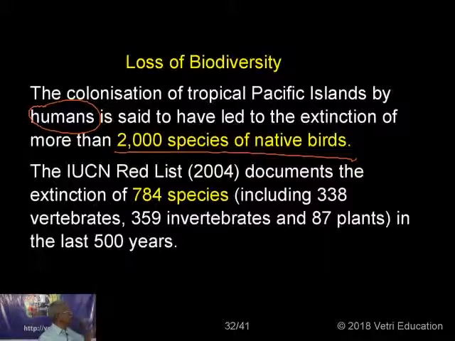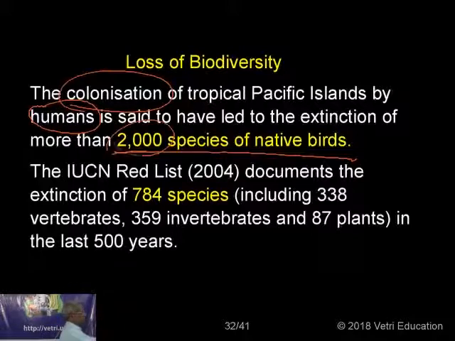I can blame only a human. After he colonized this particular island, 2,000 species he has eaten. All over. 2,000 species of native birds are over because of the human colonization.